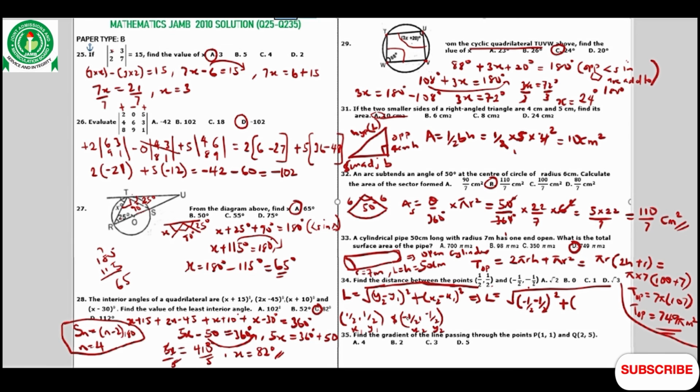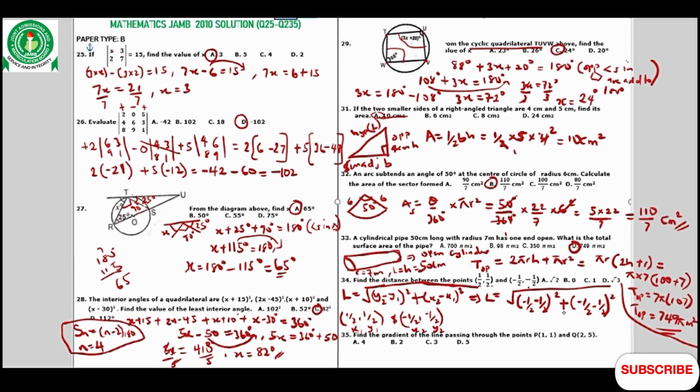Where is your x2? This is your x2 here, minus 1 over 2, minus x1, which is 1 over 2 as well. So you square it.